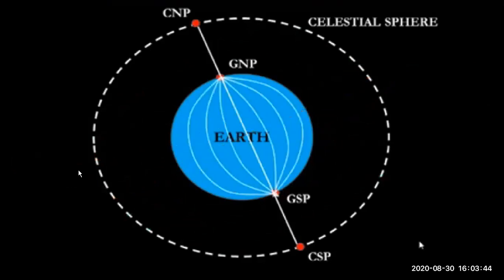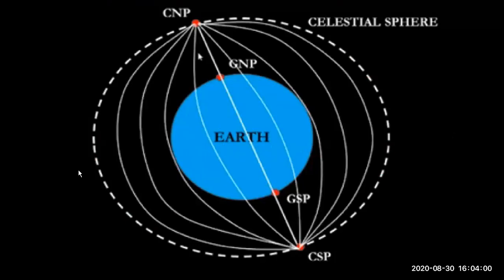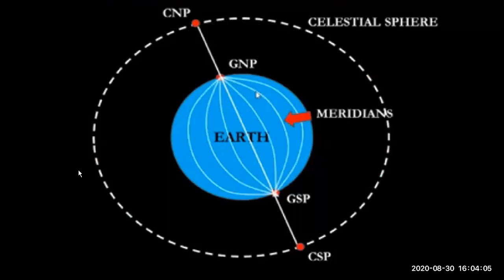We'll see the poles again. So this is the geographical North Pole, South Pole, and celestial North Pole and South Pole. And then we have the longitudes. If these longitude lines are projected on the celestial sphere, they will be called meridians. Longitudes are also called meridians.